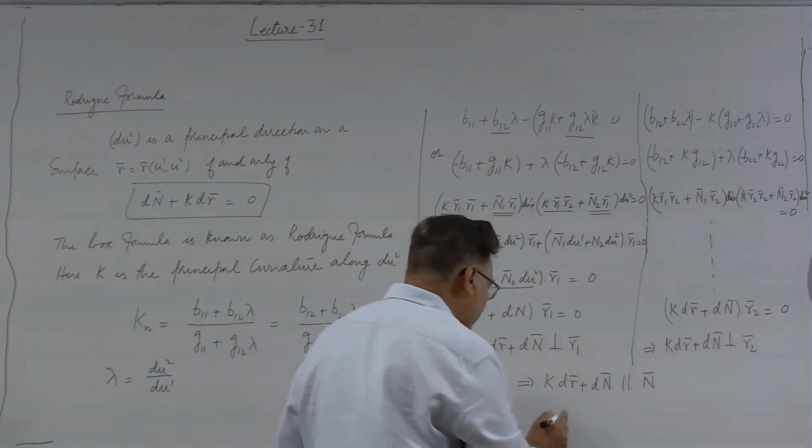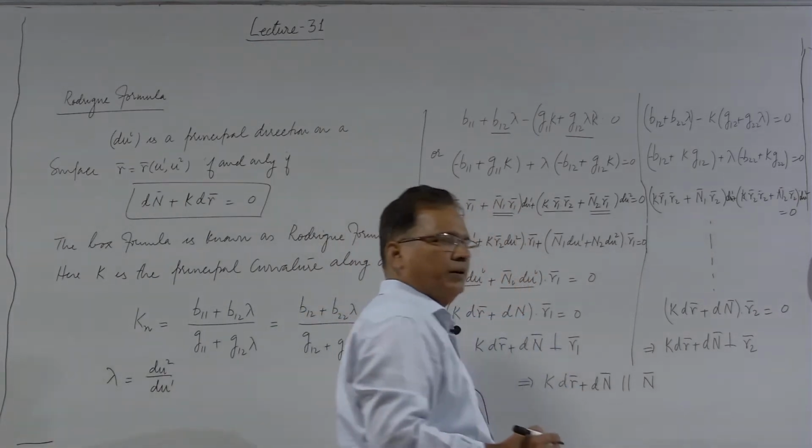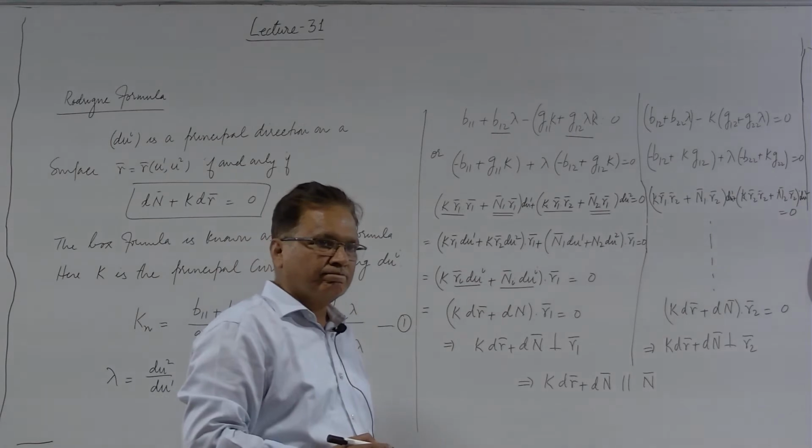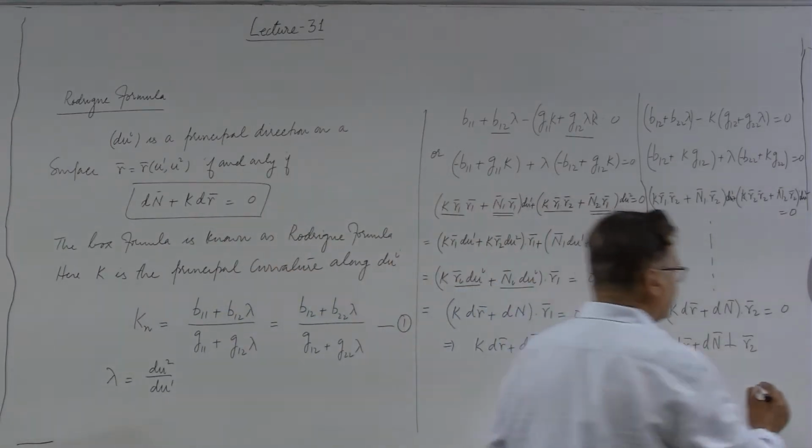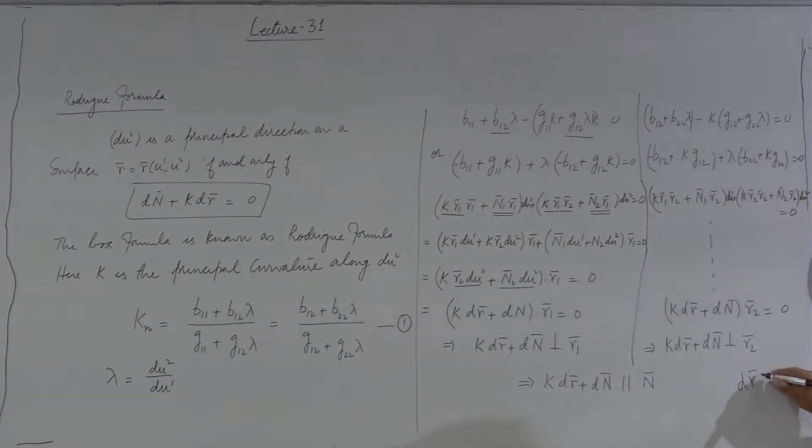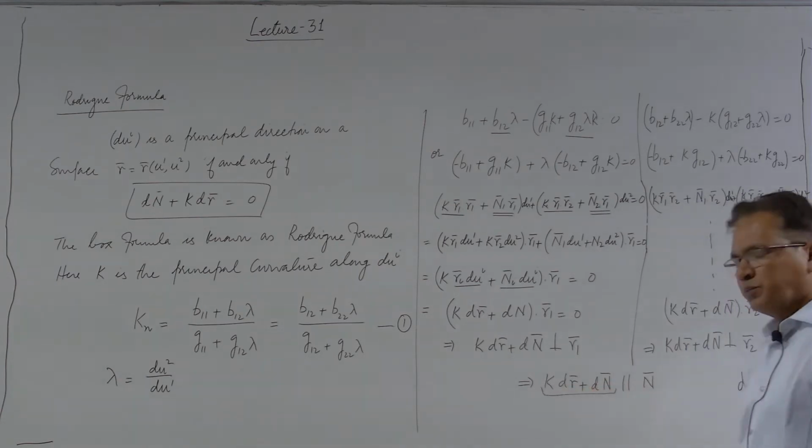And now, if you look at it closely, this dr is perpendicular to n. Dr, everybody knows, is a tangent vector. So, dr dot n is always 0. This is tangent, this is normal, or if you want to see it as r1 du1, r2 du2, both are perpendicular to n, as well as dn dot n is 0. This is also known to us. In other words, this quantity is perpendicular to n.